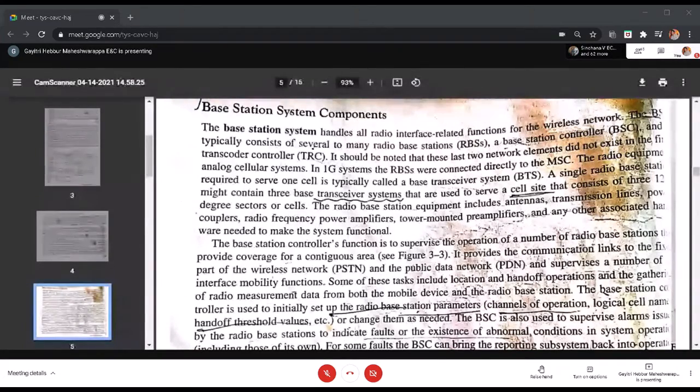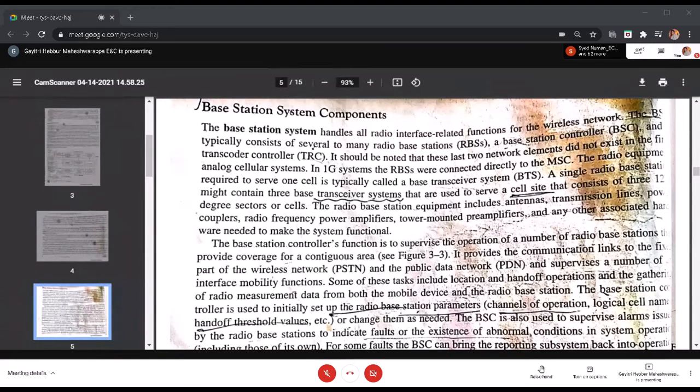So transmission lines and power couplers. Power couplers are nothing but connections from one system to another system, and radio frequency power amplifiers. We are transmitting the signal in the RF range, so we need amplifiers and tower mounted preamplifiers.